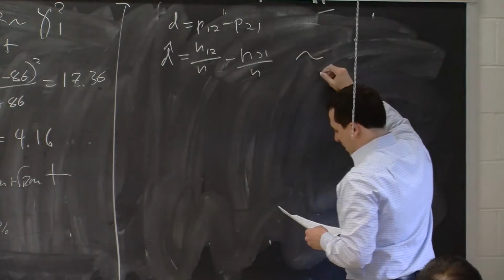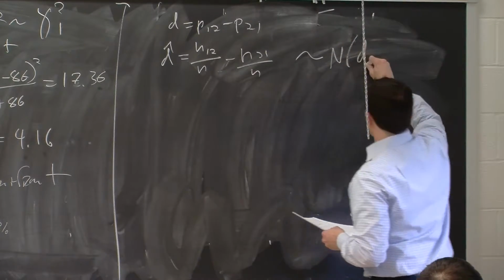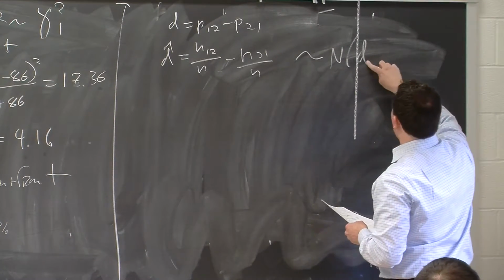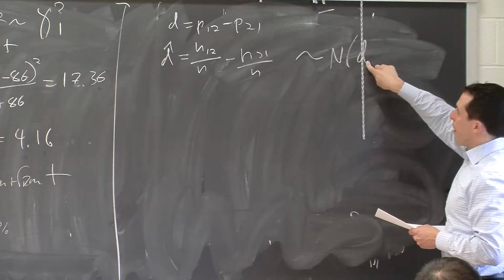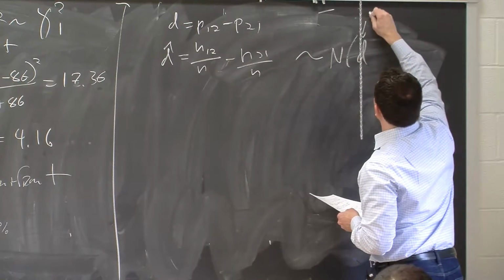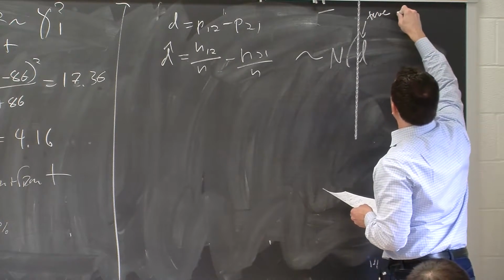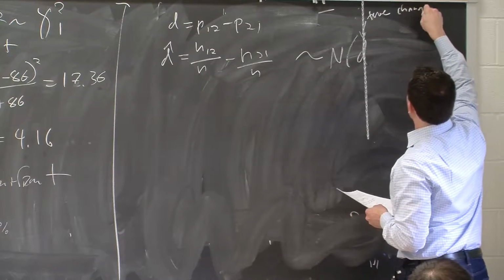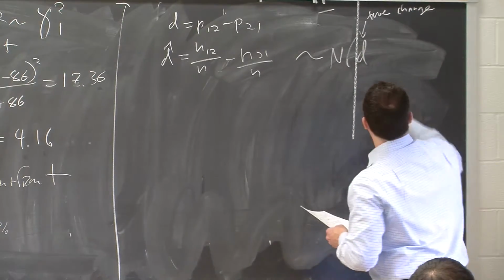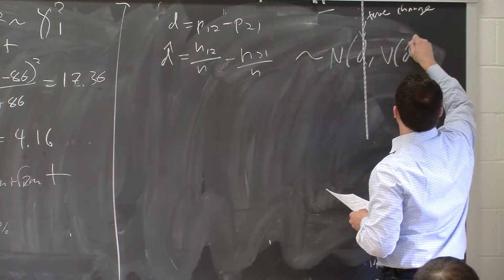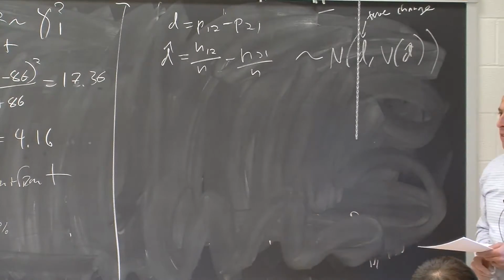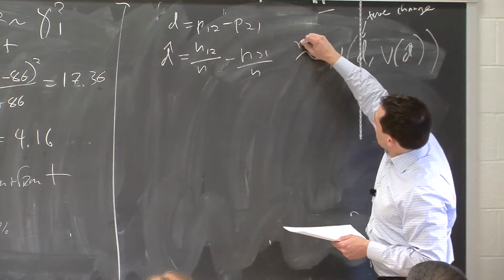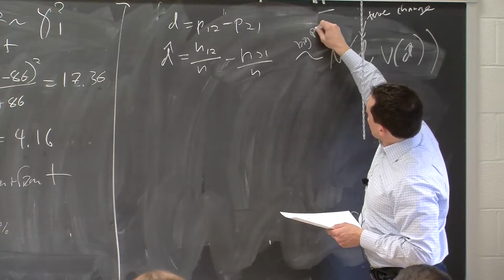And assuming the sample is big enough, we think this is going to be normal with mean the true value of the drop, the true change in approval, like 4% or whatever, and the variance of that amount. So that's big sample. Why don't I take a big poll?